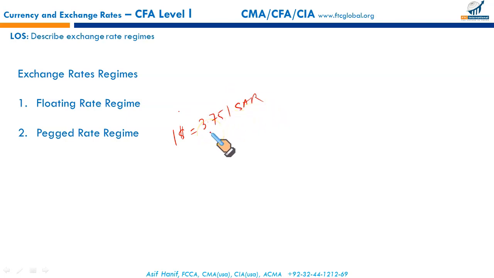Government intervenes regularly to maintain exact exchange rate. And then we have a floating peg regime. Basically, it's a hybrid approach that allows for some movement in exchange rate, but within a tight constraint. This is often used by countries transitioning from a pegged regime to a floating regime over time.